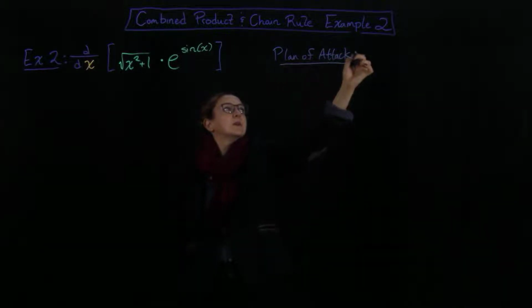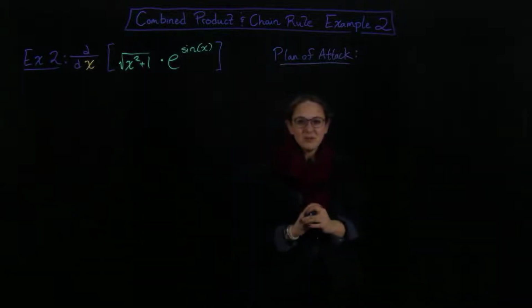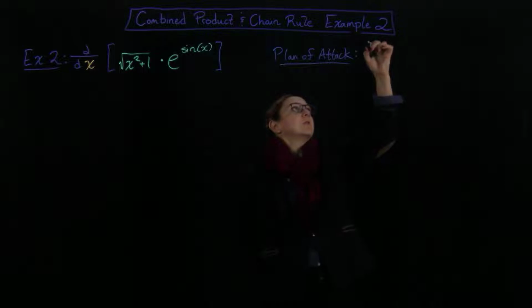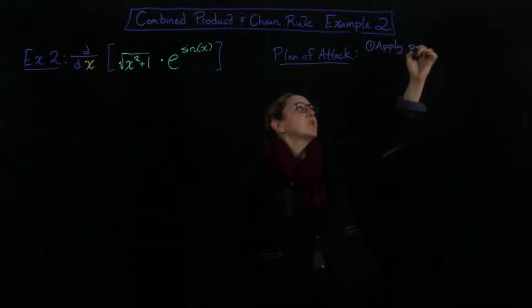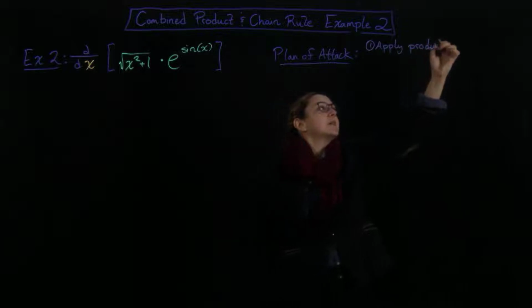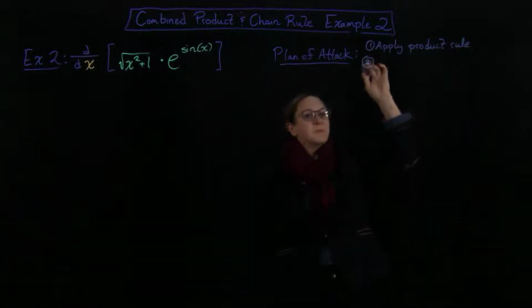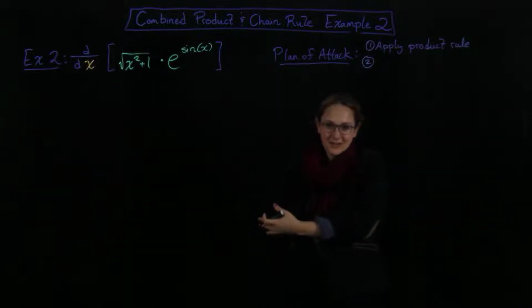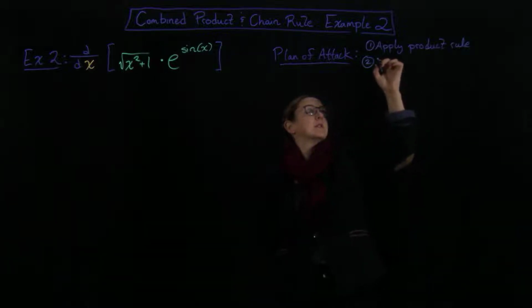because the chain rule is inside each of these things we're going to be multiplying, a nice plan of attack is to, 1, apply the product rule, but not actually work out the derivative. And then 2, in taking the derivatives, be careful to use the chain rule.